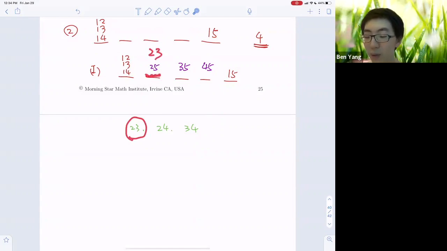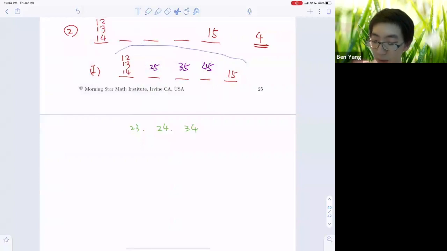Then the card 2, 4 can only be put into the fourth box because there are already 2 cards in the second box. So you must put 2, 4 there. And then you look at the card 3, 4. 3, 4 can only be placed in the third box because in the fourth box there are already 2 cards. So we can do 2, 3 here, 3, 4 here, 2, 4 here. That's one case.